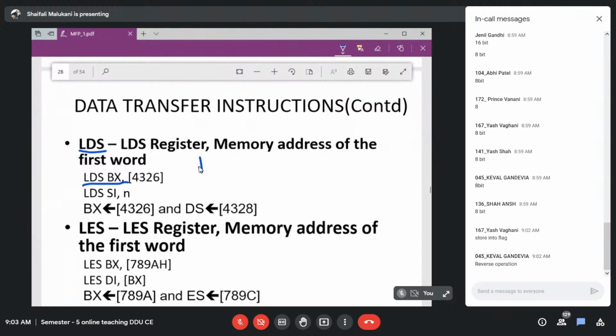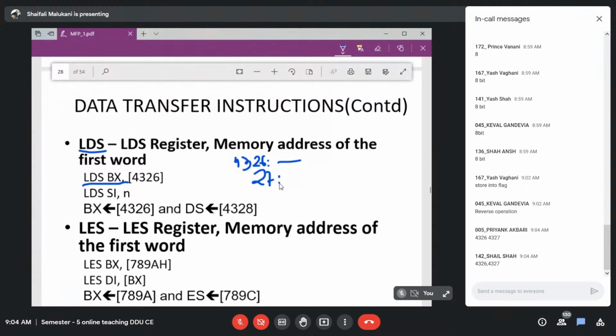Load whatever the content at location 4326 is loaded to BX. Now, can you tell me which memory locations are now copied to BX? Whatever is at 4326, that is copied to BL or BH. Yes, 4326 and 27 are copied.